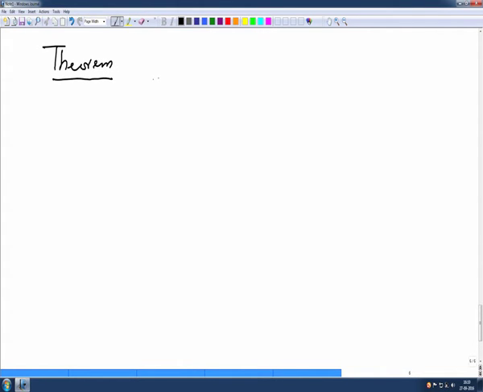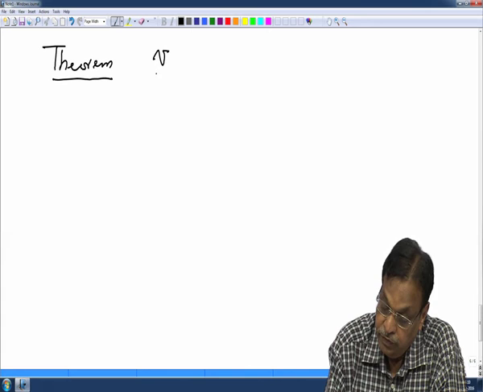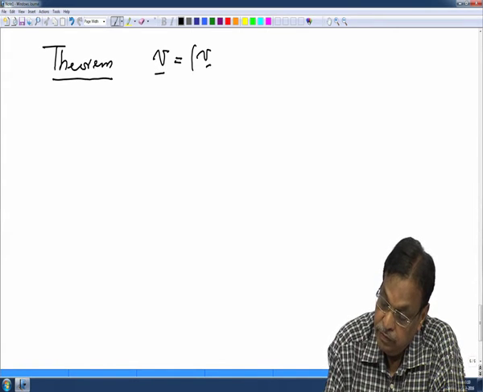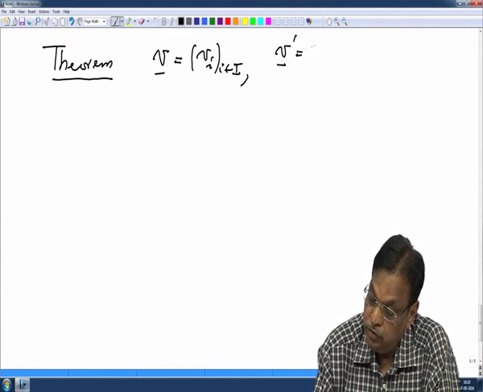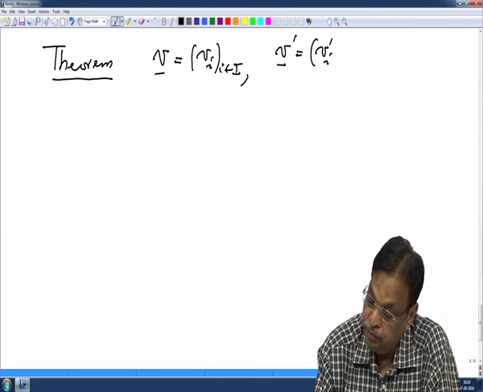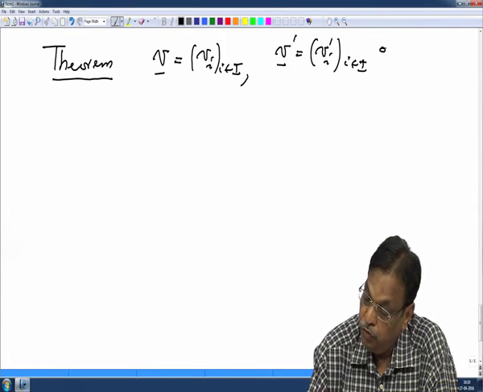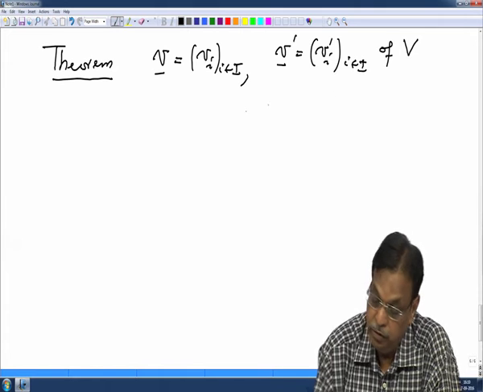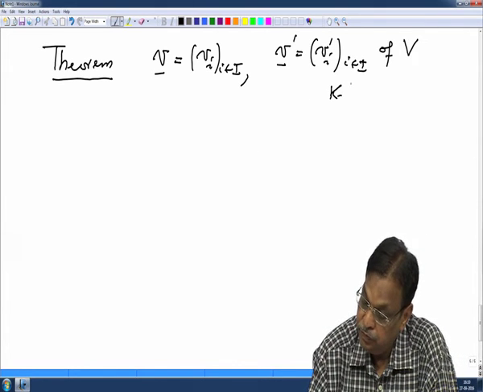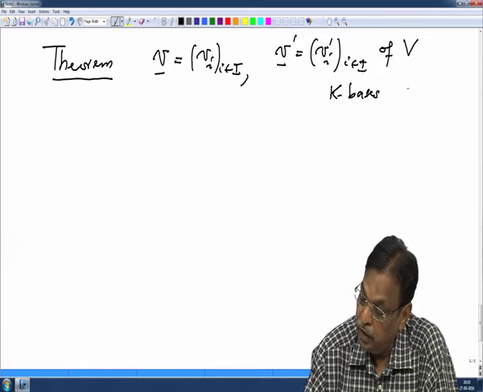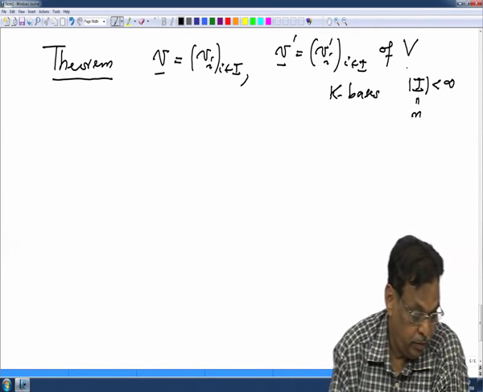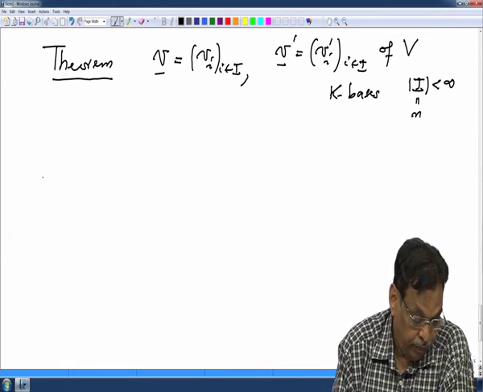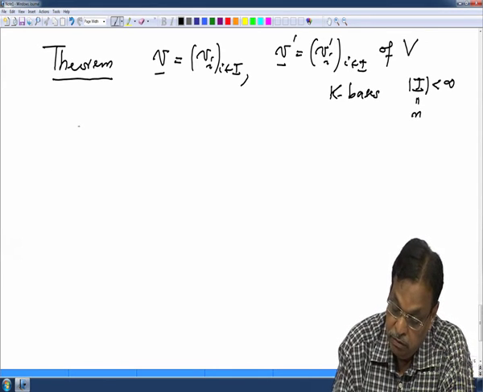Now let me restate everything again. So V is a basis Vi, V prime is a basis Vi prime of V, a K basis, and of course I we are assuming finite. So this is n, then it is n dimensional. Okay, and we have a matrix B. B is given.